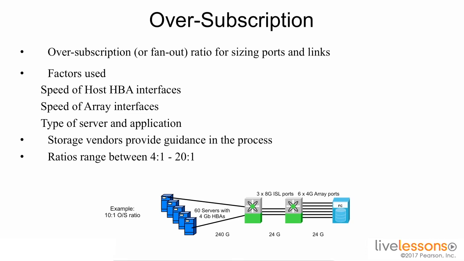In the example below, I'm showing a 10-to-1 oversubscription ratio because I have 240 hosts or 240 gig of available bandwidth going into 24 gig of bandwidth at the storage array side. Storage vendors usually provide guidance in this process, and the ratios usually range between 4-to-1 and 20-to-1.